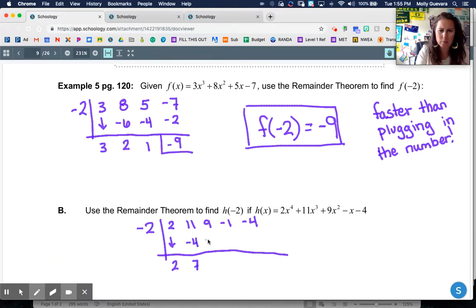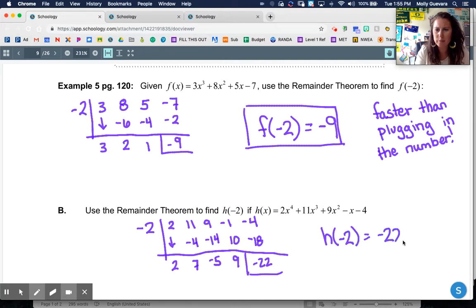And then multiply and add, and multiply and add, and then multiply and add. And whatever my remainder is, that's what I would get. So if I plugged in -2 into this f function, I would get out -22. Right? Pretty easy, super fast, not so hard. Good.